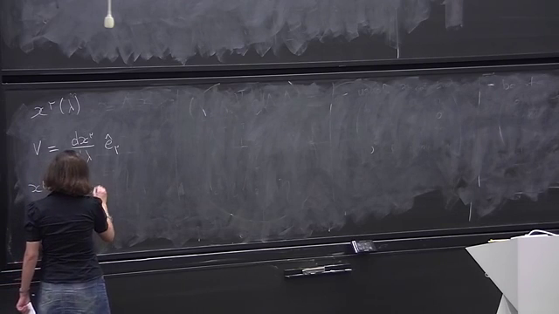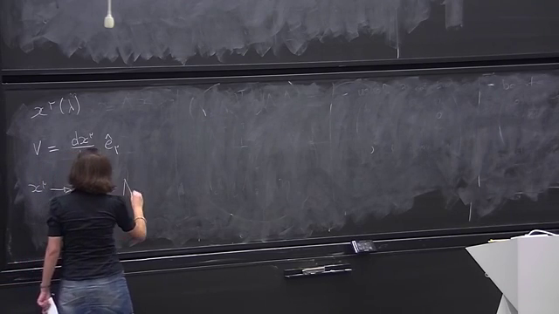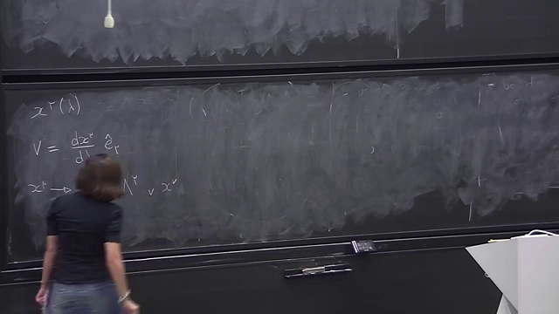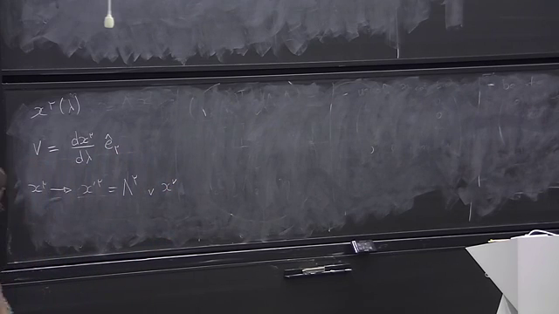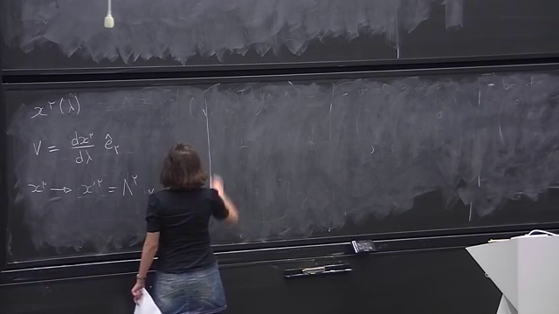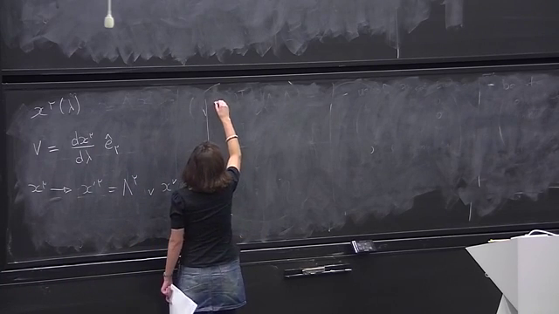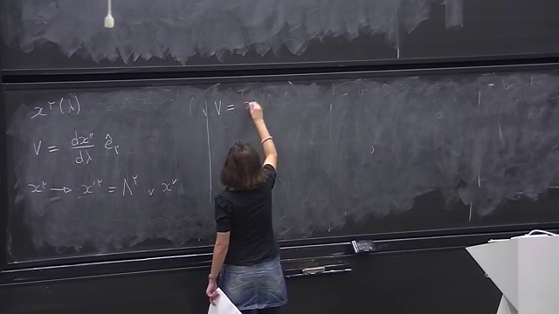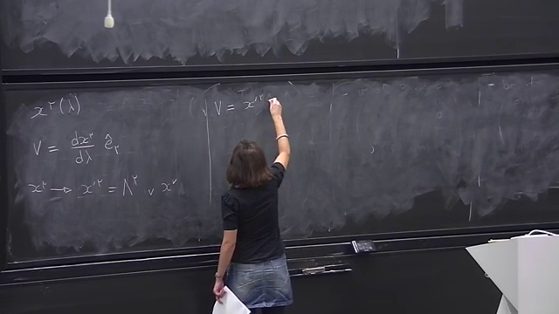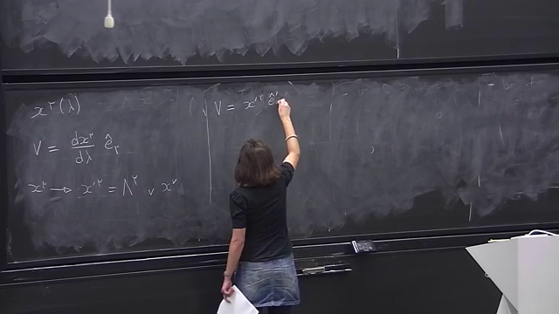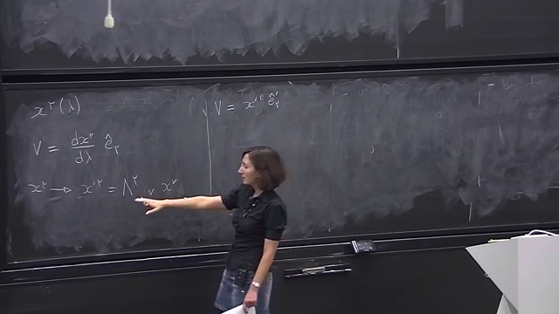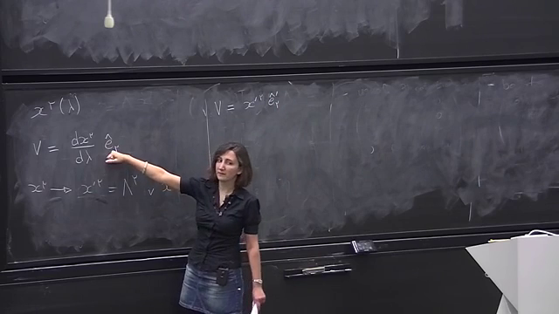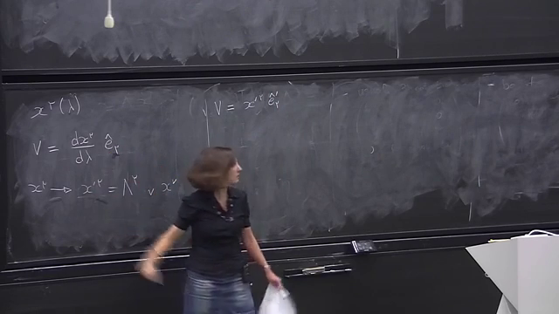Now, what if I make a Lorentz transformation on my coordinates? x^mu goes to x'^mu equals Lambda^mu_nu x^nu. Then the tangent vector becomes dx'^nu/d lambda e'_nu, because once I make a coordinate transformation, the basis for my vector space will also change.